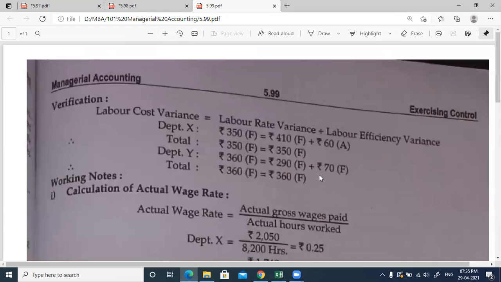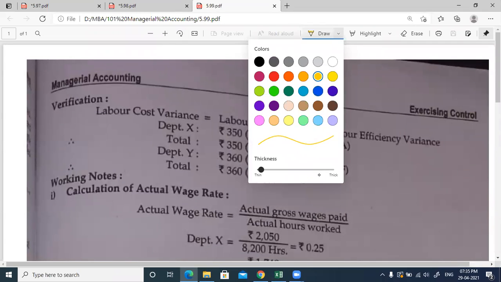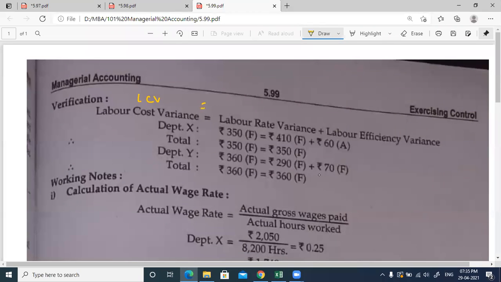LCV is equal to labor rate variance plus labor efficiency variance. Labor cost variance for X is 350 favorable. Here labor rate variance is 410 favorable and 60 adverse, so that is again 350. So your 350 tallies, which means you have done it correctly.